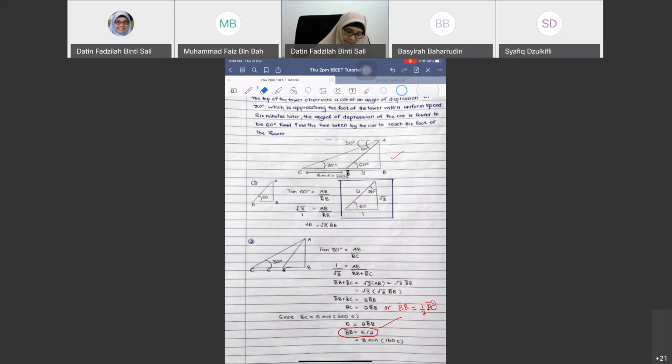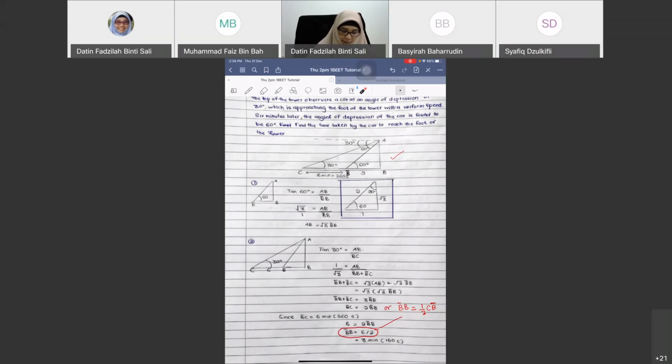Going from a point here to this point is the same as half times the time taken from this point to this point.